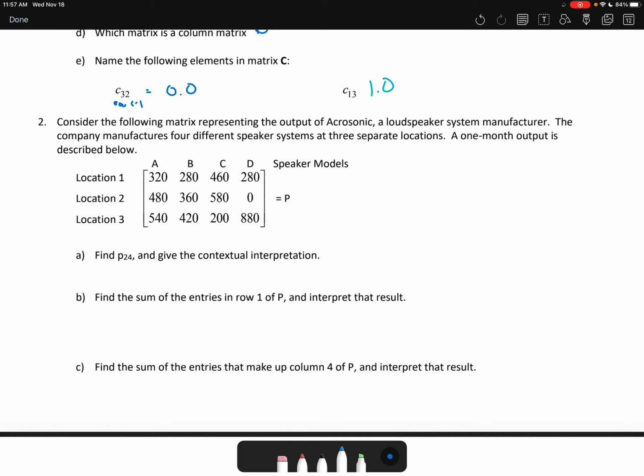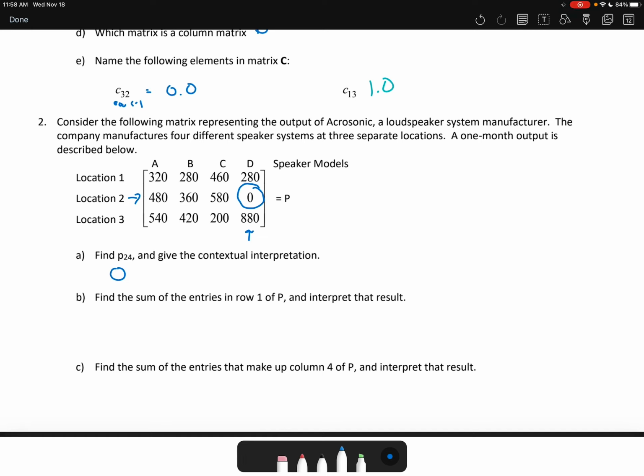So what this says here is find P, again, this is matrix big P, so we have little p 2,4, and give the contextual interpretation of that. So what element is in the second row, 4th column? So this would be my second row. This would be my 4th column. So there is my entry. So P24 is the entry 0. And what does that mean contextually here?